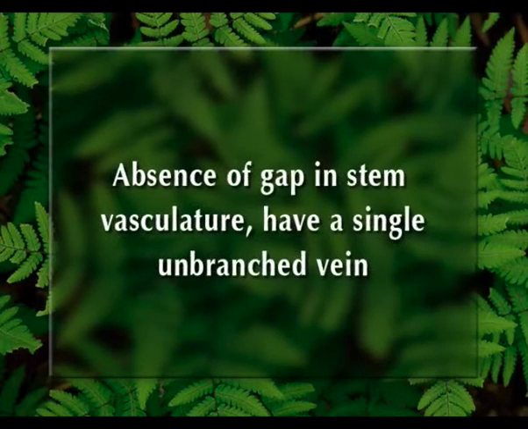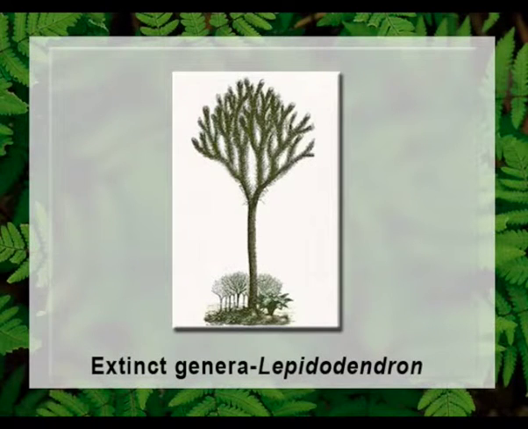These are characterized by absence of a gap in the stem vasculature and have a single unbranched vein. The Lycophytes at present comprise several extinct genera, for example, Lepidodendron and others.